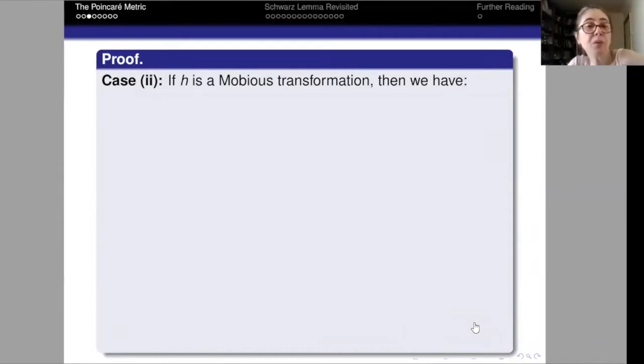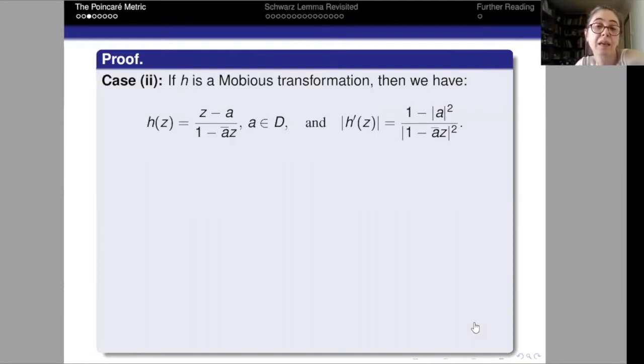If H is a Möbius transformation, then H(z) is of the form (z minus a) over (1 minus conjugate a z), where a is a point in D, and we calculate the absolute value of H prime of z, that is equal to (1 minus absolute value of a squared) over absolute value of (1 minus conjugate a z) squared.